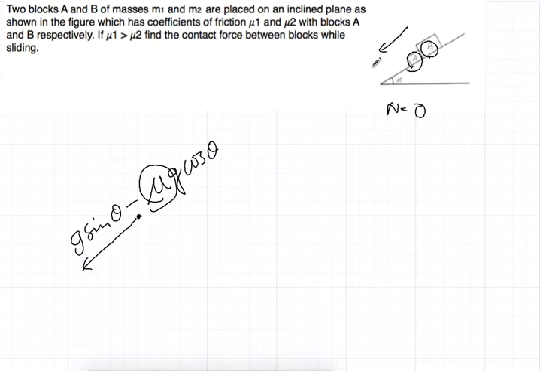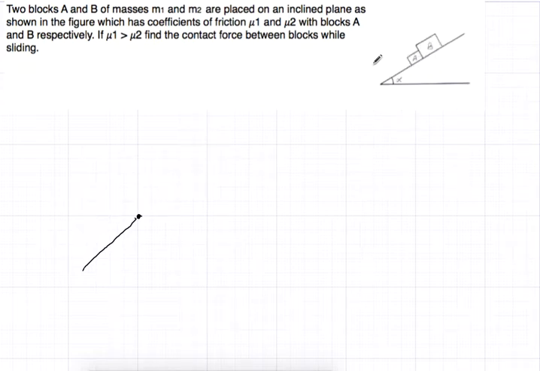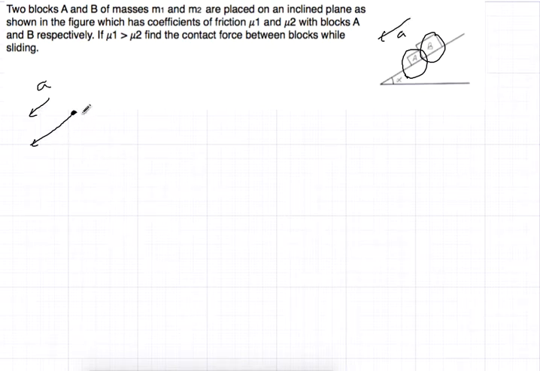Let me get some space here. We'll draw the free body diagram of system A and system B. First, the free body diagram of system A. System A is going in this direction with acceleration a, and both of them have acceleration a.